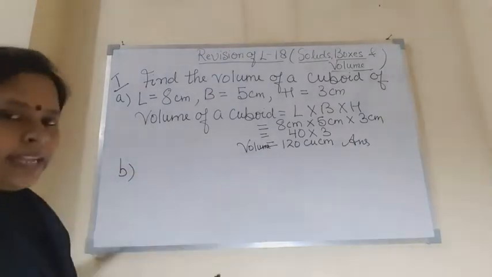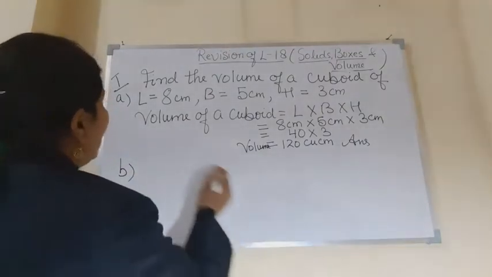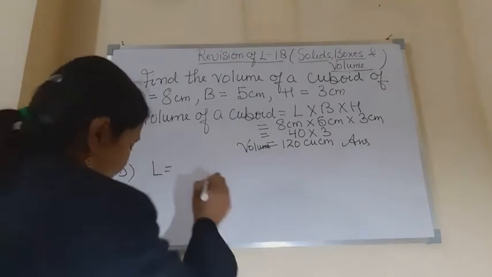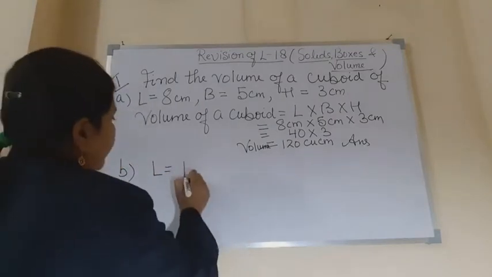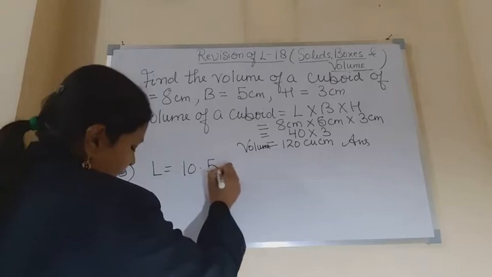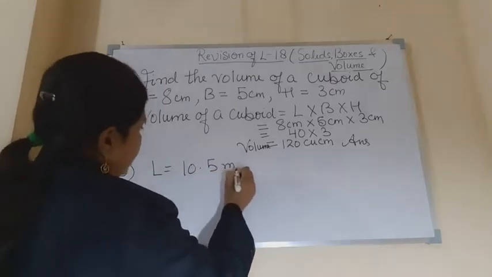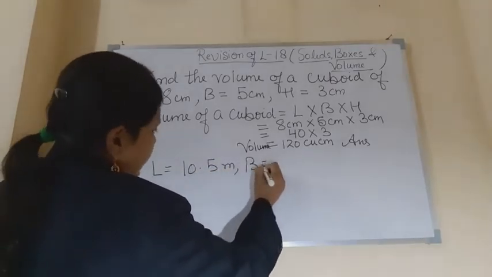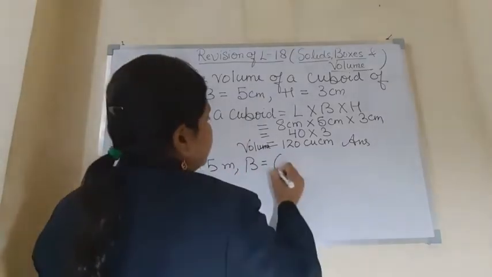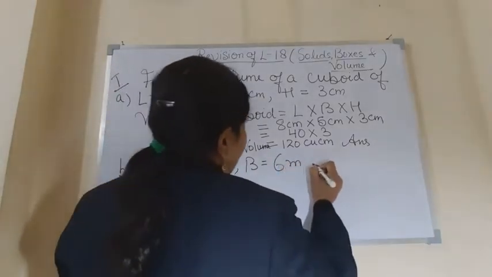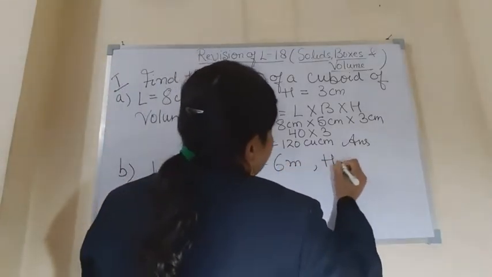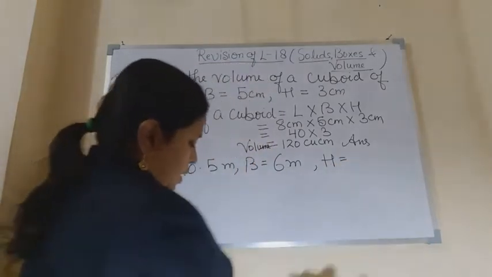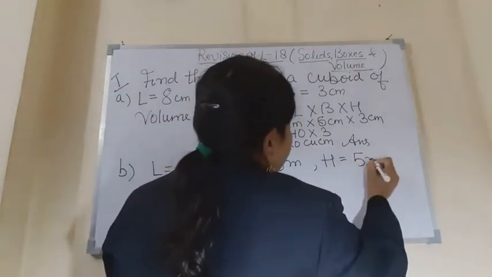again we will find the volume of a cuboid of length is equal to 10.5 meter, breadth is equal to 6 meter and height is equal to 5 meter.